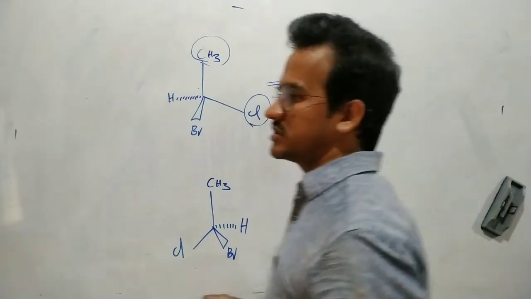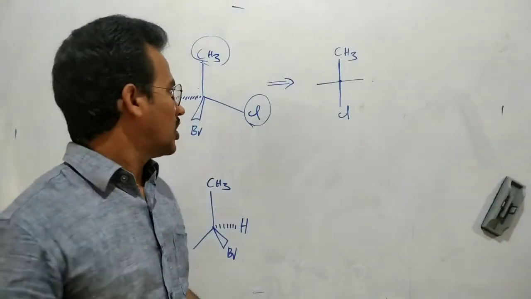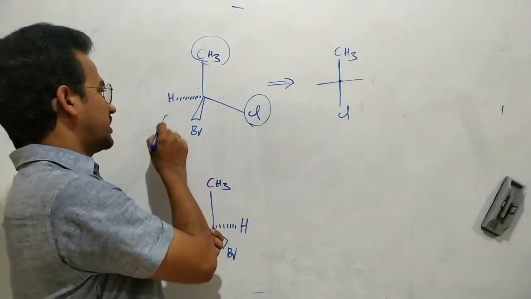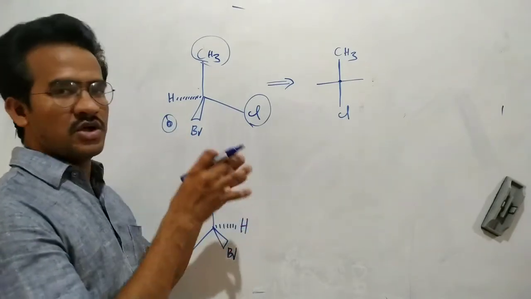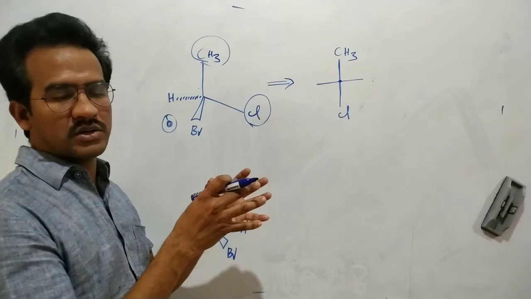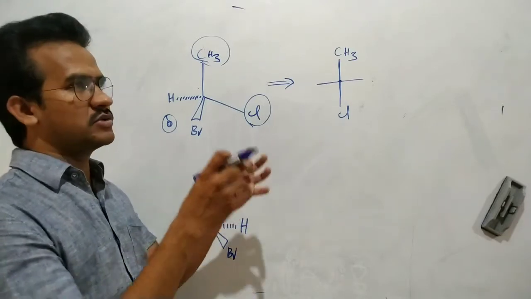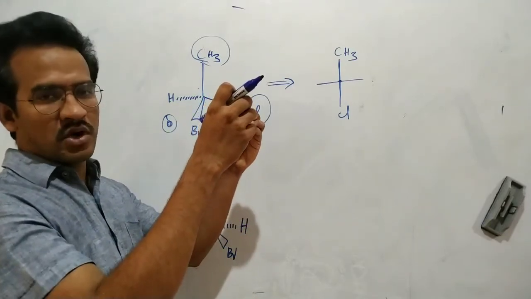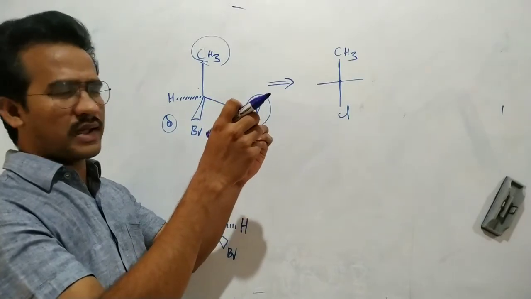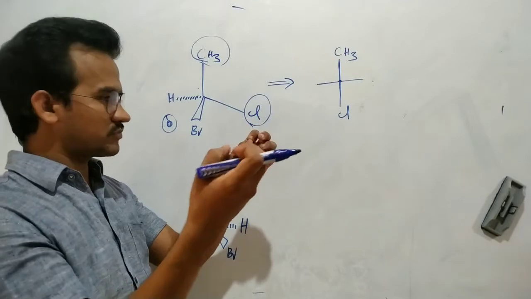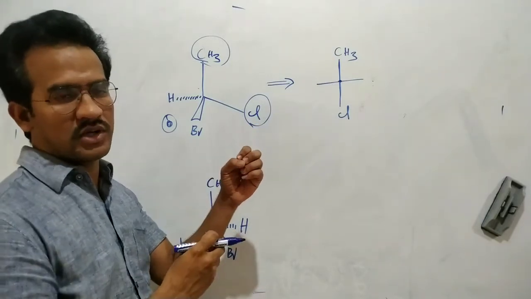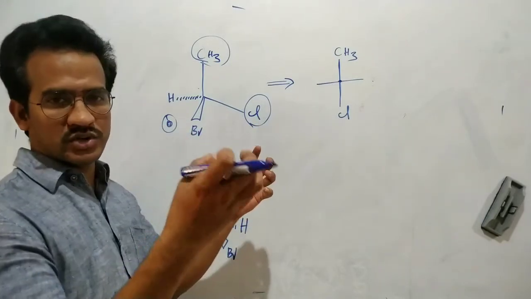In this case, you are looking at this molecule from the left side. When you look at this molecule from the left side, holding the molecule like this, the bromine above the plane comes to the right hand.